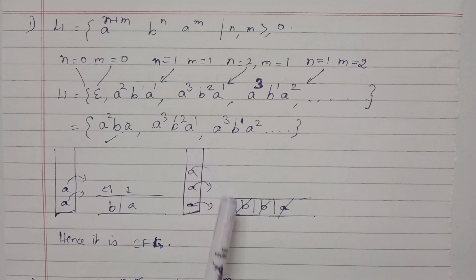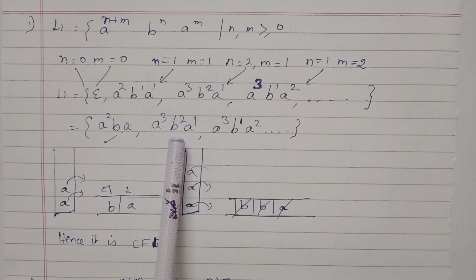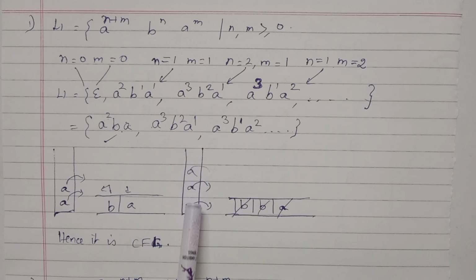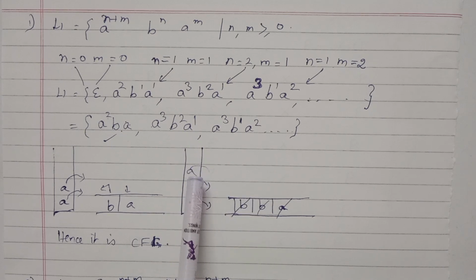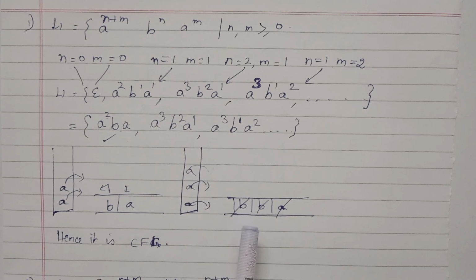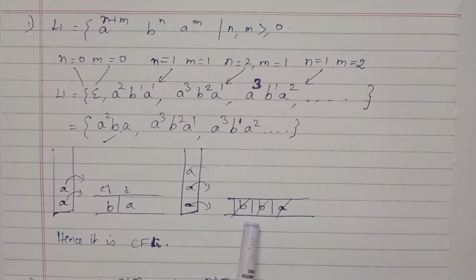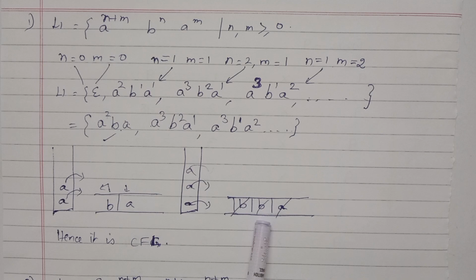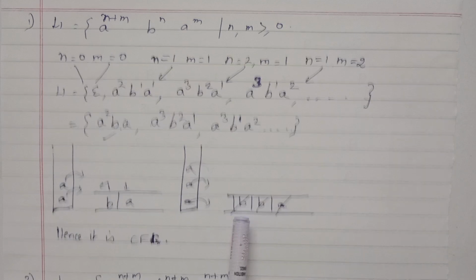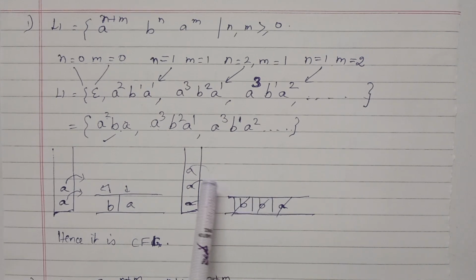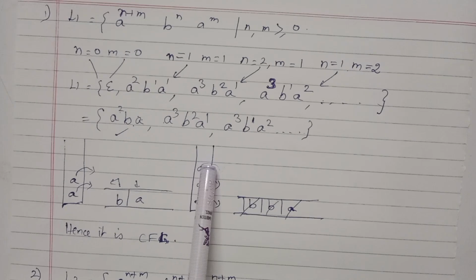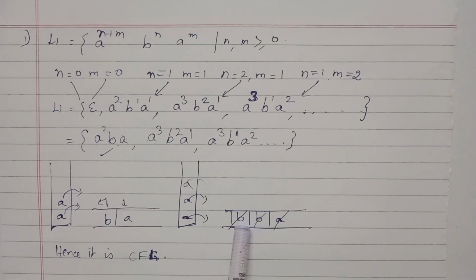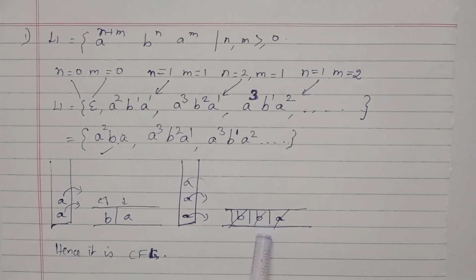Similarly, try some other string also. Take a cube, b^2 and a^1. Here too you can put the a's in the stack and compare with the corresponding input values of b and a. First you have b's, and whatever number of b's you have, you pop the a's. First a you pop when you get a b, next a you pop when you get another b.